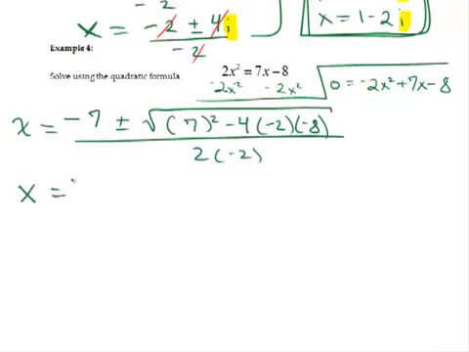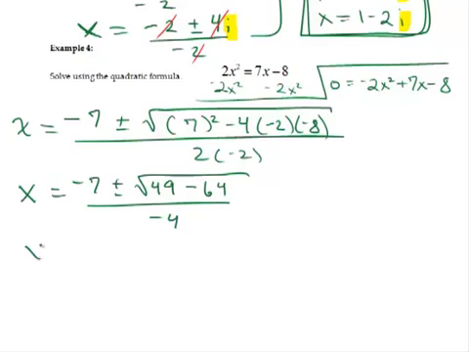So we get x equals negative 7 plus or minus 49. Negative times a negative is positive 8. Positive 8 times negative 8 is negative 64 all over negative 4. Looks like we're going to have another imaginary number come out. 49 minus 64 is negative 15 all over negative 4.